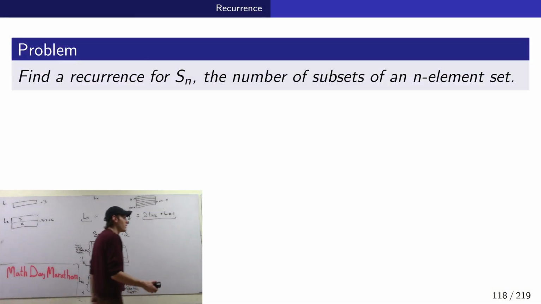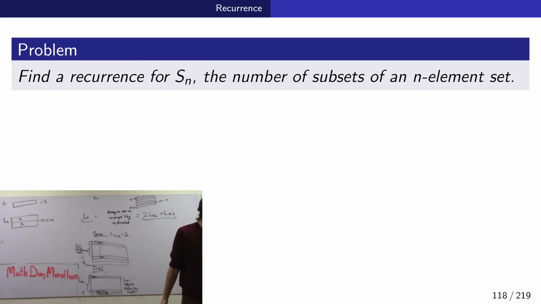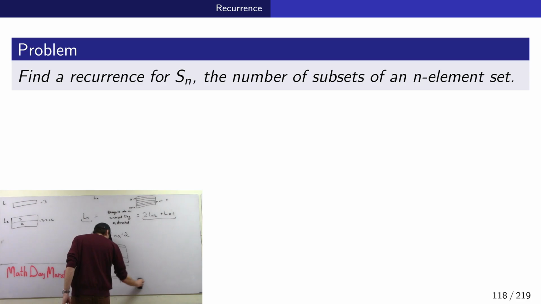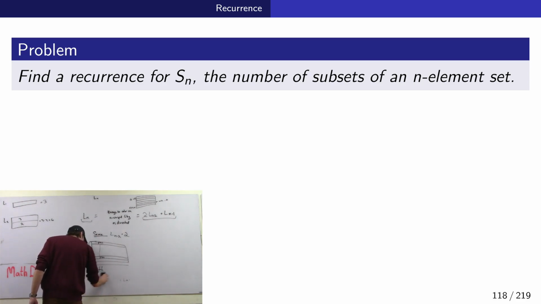So the problem is, find a recurrence for S sub n, the number of subsets of an n element set. I hear this is the closed form people are going crazy about.